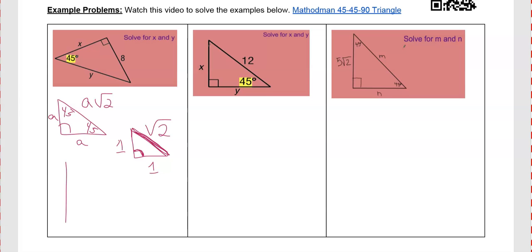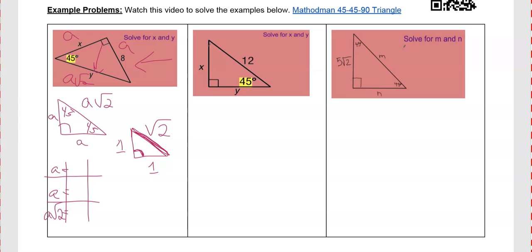So we had our tic-tac-toe table. So if we had a side length of a and a side length of a, and our hypotenuse was a square root 2. Okay, so then we plug in based on the picture we have. This is a leg, this is a leg, and the side opposite is leg square root 2.